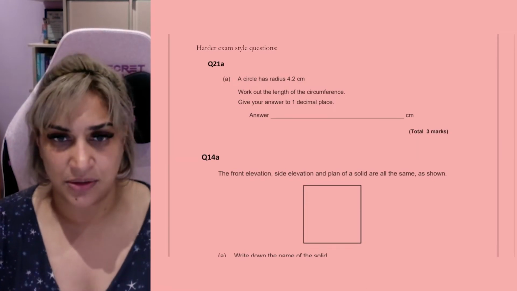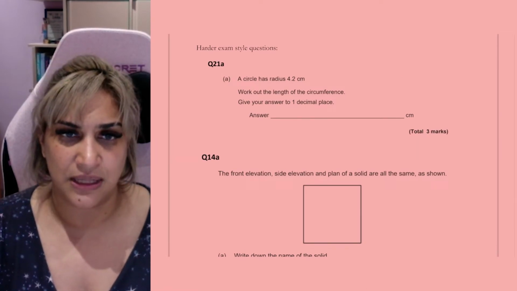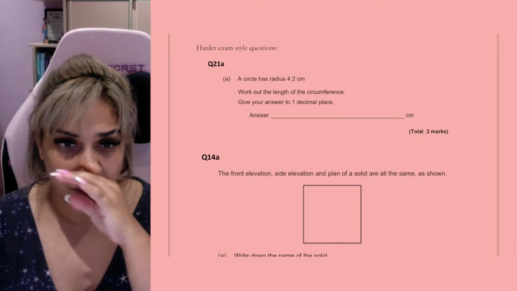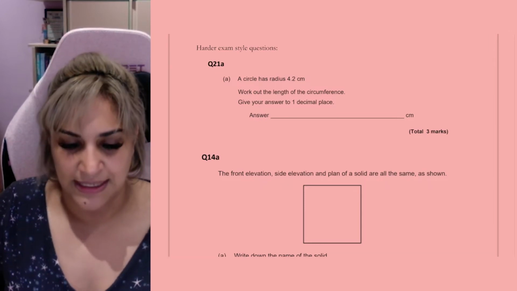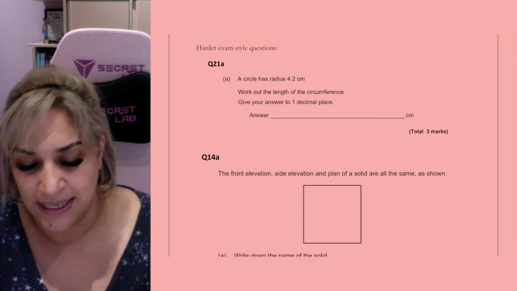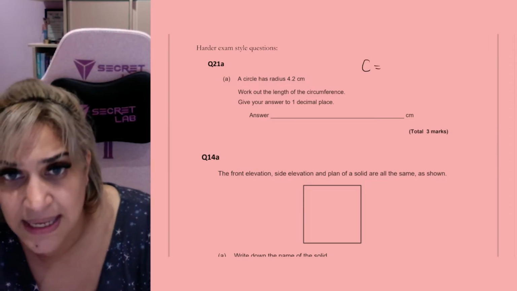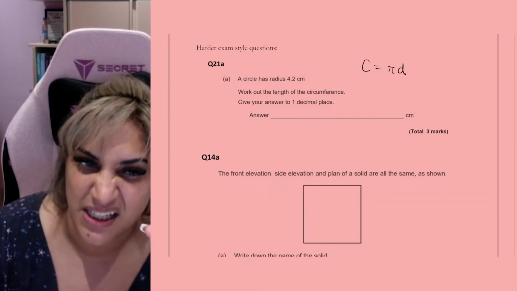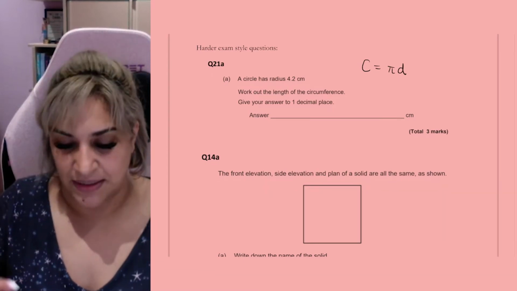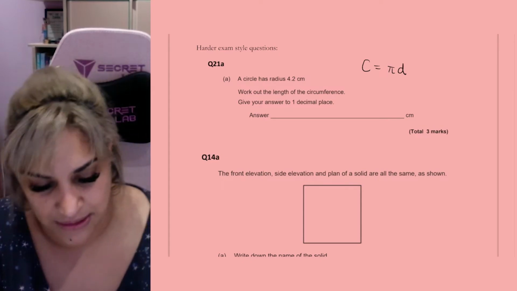We've got a circle, and this circle has a radius of 4.2, and we want the length of the circumference. Now, the formula that we should know is that the circumference equals pi d, and d is diameter, which is double the radius. Let's summarize our circle.